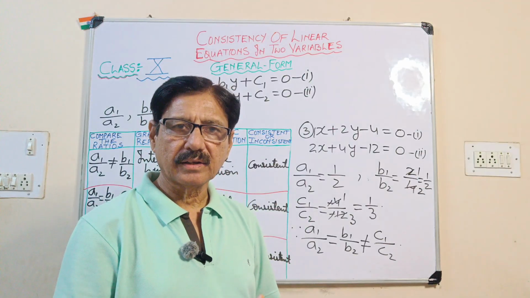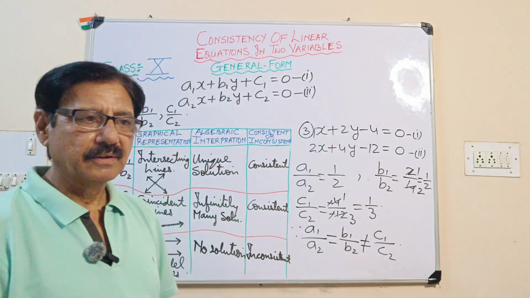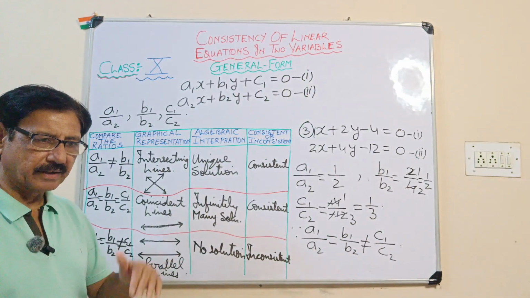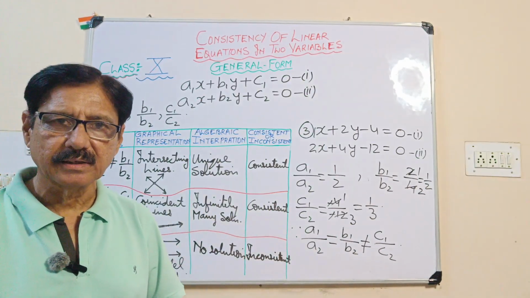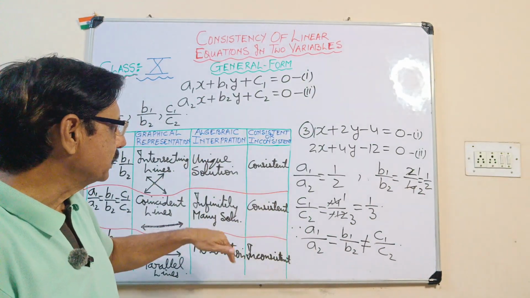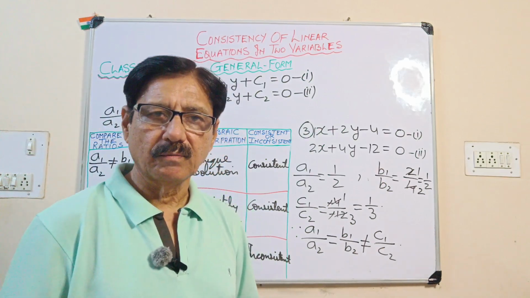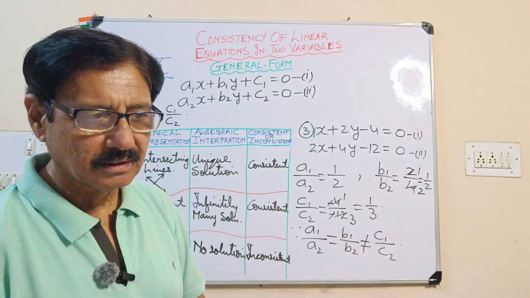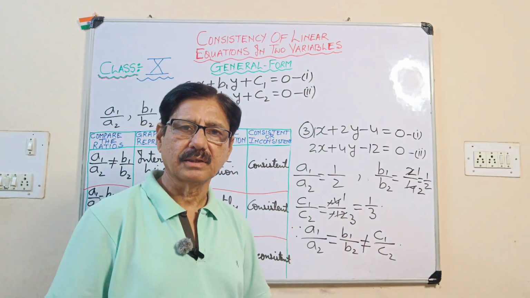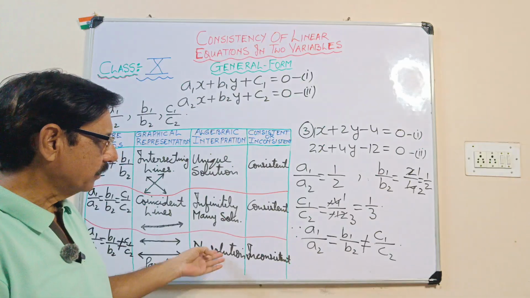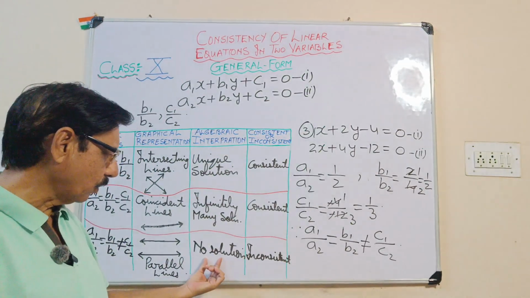So in this way, for the three types of questions, you can very easily check what type of graphical solution you are going to get, and what type of algebraic solution we will get if you solve by any method, the substitution method or the elimination method, whether we will get a solution or not.